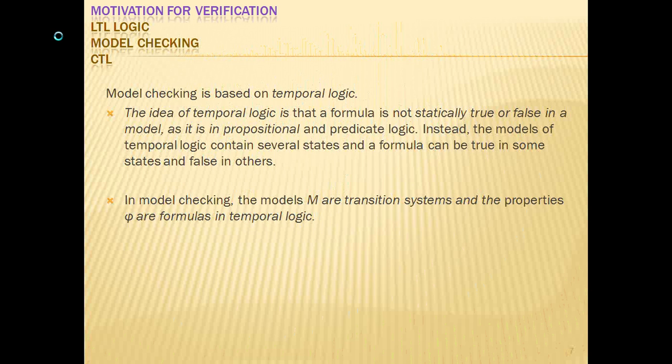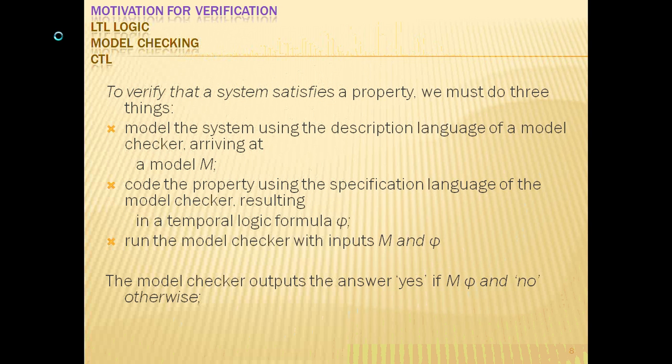Instead, the models of temporal logic contain several states and a formula can be true in some states and false in others. In model checking, the models M are transition systems and the properties psi are formulas in temporal logic. To verify that a system satisfies a property, you must do three things.